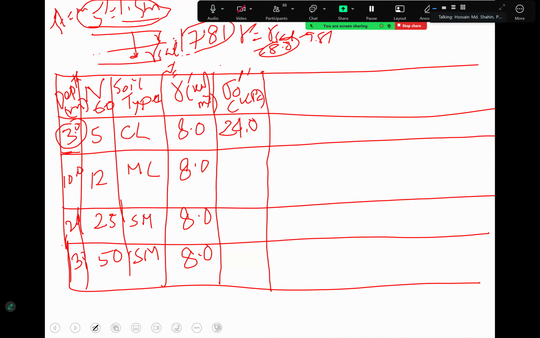Depth into gamma dash. So depth 10 times 8 is 80. Depth is 20 and 8, it is 160. The 30 into 8, 240 kPa. So you got this one. This is a basic thing.